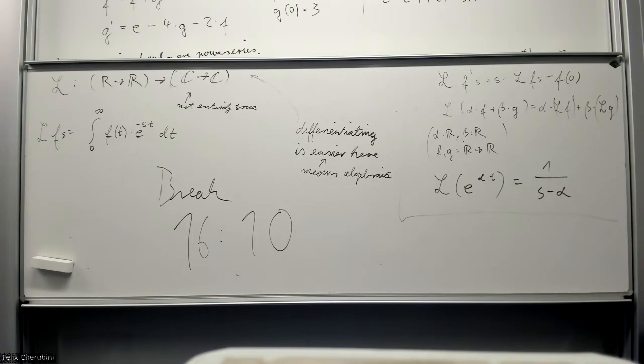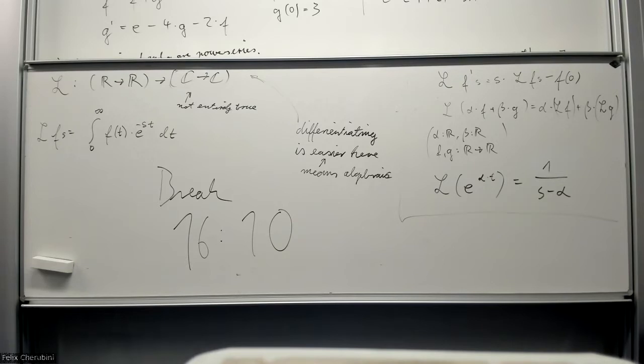So which parts of the Laplace transform are from the definition, and what are derivations from the definition? Because the Laplace transform of e to the alpha t, is that a definition or a derivation from the definition? That's something you derive from this one.